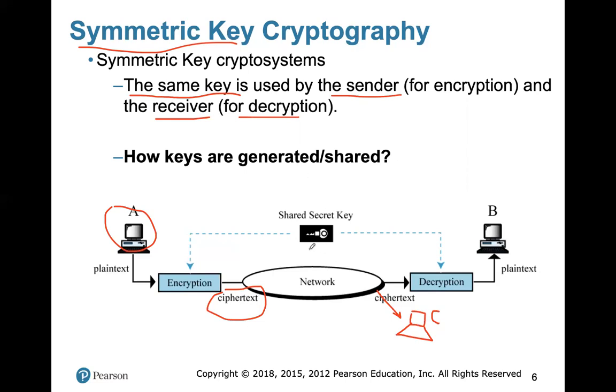Of course, this assumption makes the development of these types of encryption algorithms easier, but it raises a very important, super important question. This key is something important that should be shared between A and B. How are we going to generate it, which is important but not that important, and this is the most important part, after generating the key, how are we going to share it between A and B?